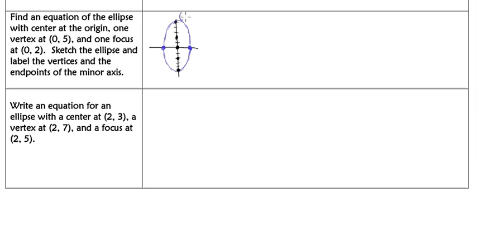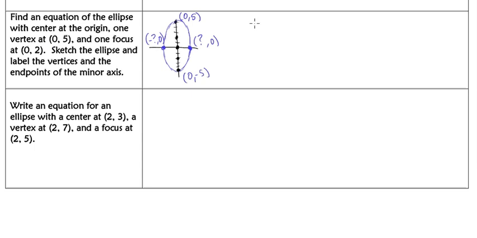So this was (0, 5). This is going to be what we're looking for: (something, 0) and (negative something, 0), and (0, -5). I'm not going to write those in there because we're out of room, but at (0, 2) and (0, -2).